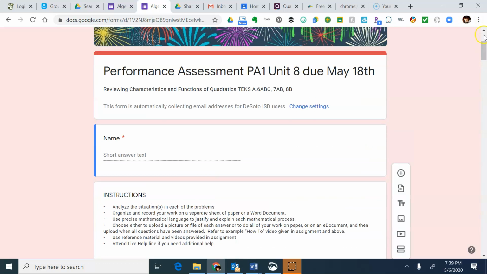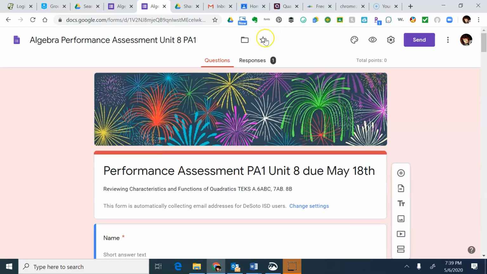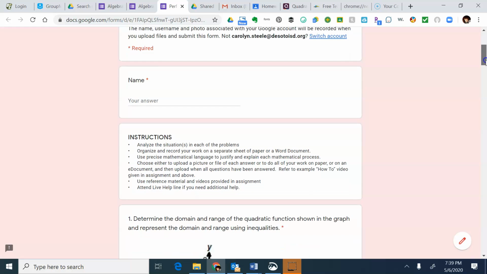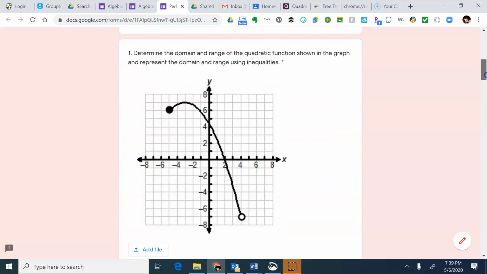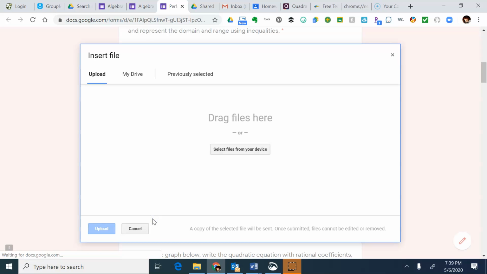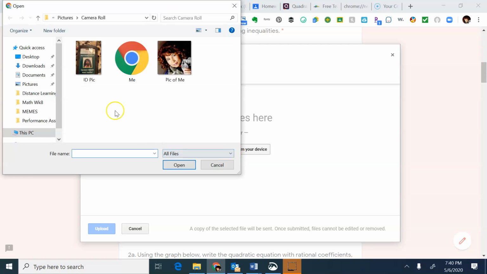This is the actual test itself. So what you need to do is have an example of the test that looks like yours. This is an example of what you would be looking at. Let's say I've done all that in one file, and all I want to do is answer the whole thing in this one place. So you click on Add File. You select the file, you look for it on your drive. I know where I put mine.